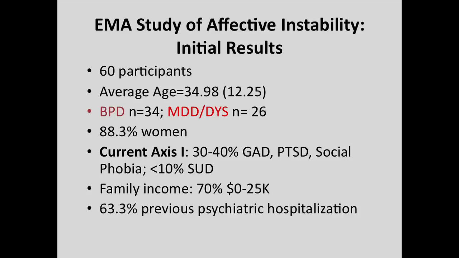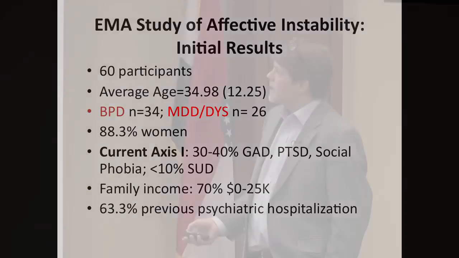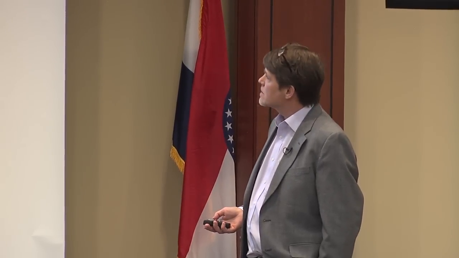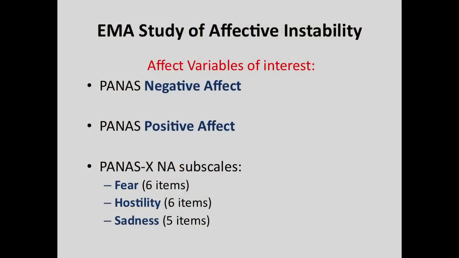And you can see these are not just worried well individuals. 63% had a previous psychiatric hospitalization, a lot of comorbidity, and a lot of dysfunction or impairment in this sample. We're interested in negative affect, positive affect, and then the specific affects that are defined in the DSM as the different sorts of affective instability that you might see.